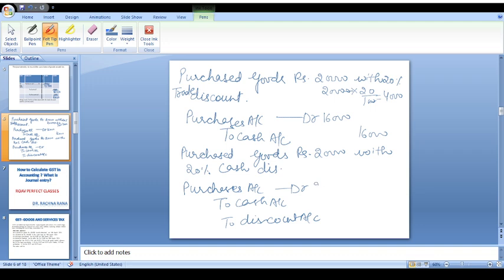Here the entry is passed like this: 20,000 value in purchases account debit, to cash 16,000, and 4,000 discount will also be passed in the journal entry. This is the journal entry of cash discount, and this is the journal entry of trade discount.